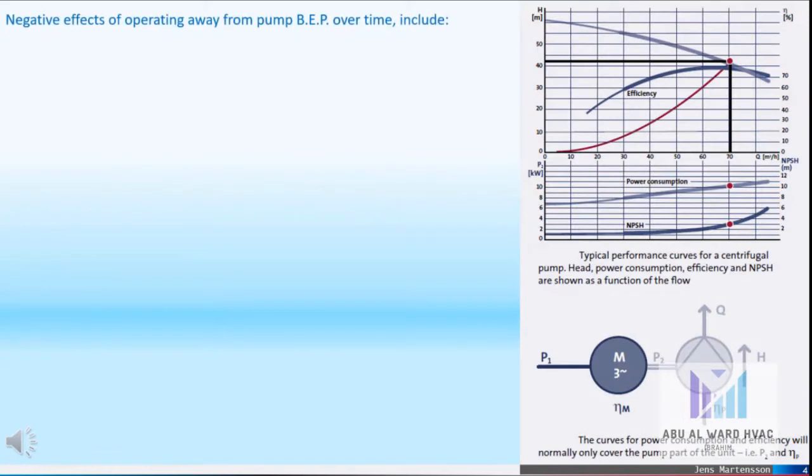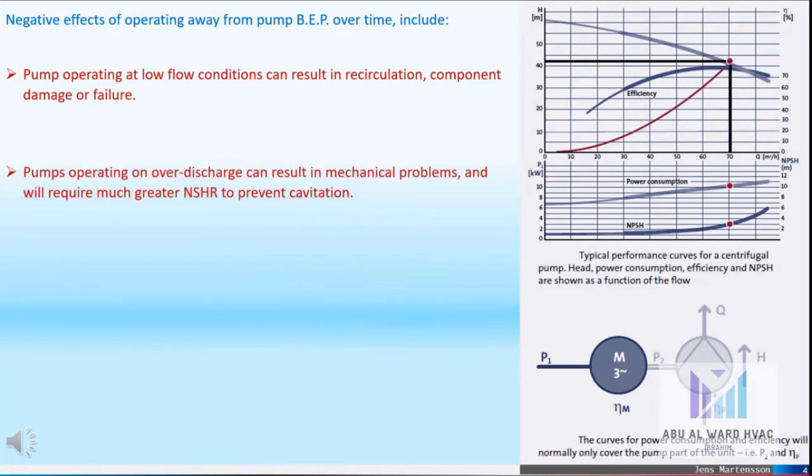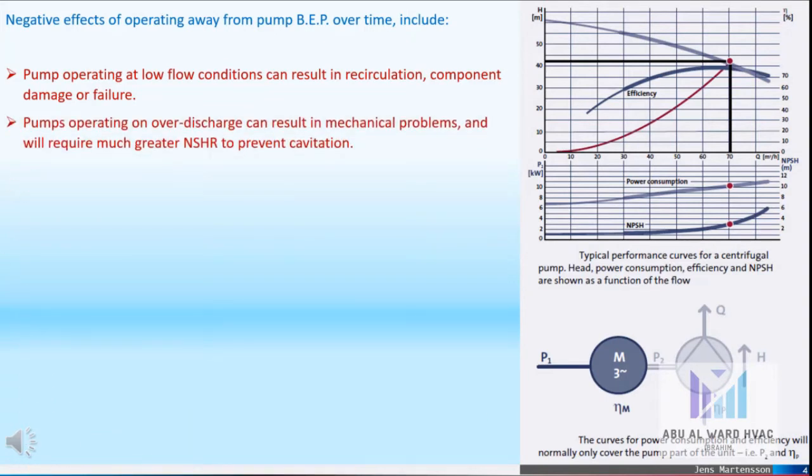Negative effects of operating away from pump best efficiency point over time include: first, pump operating at low flow conditions can result in recirculation, component damage or failure.